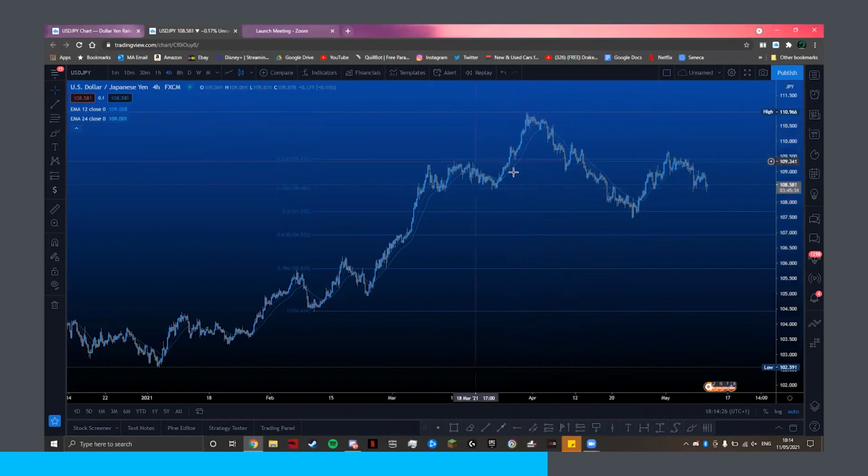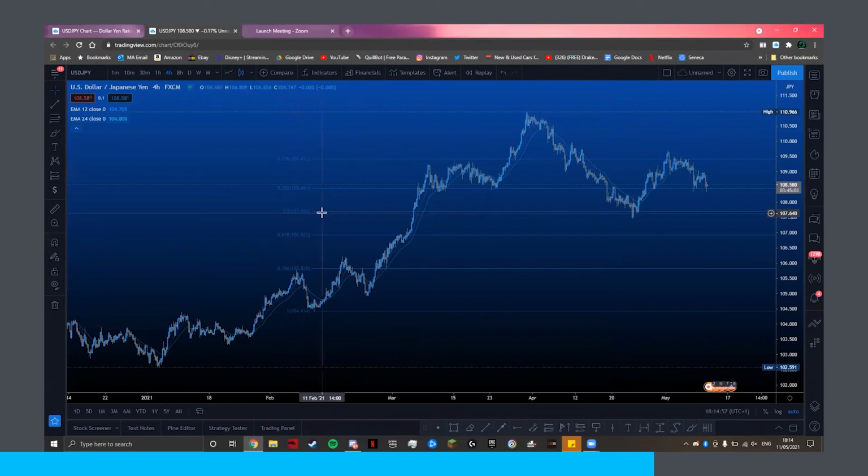Now you can see it plots down these lines. Now these lines can act as areas of support and resistance. So that's one helpful way that the Fibonacci retracement tool can help you. And secondly, as you can see with this major thrust to the upside, the reaction came as far down as the 0.5, the 50% fib line.